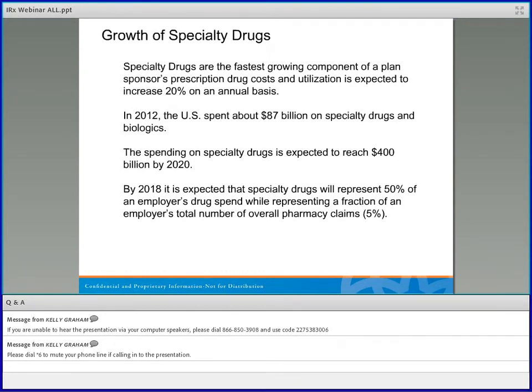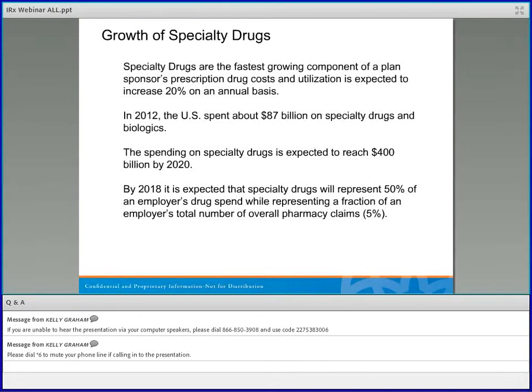But because of the growth of the specialty drug industry, that list and the cost of those drugs have really gone up. If you look at all the press and the various reports out there, they all say that the annual prescription drug cost for a plan sponsor is expected to increase by about 20% annually, and that's sort of what we've seen for a lot of our clients.